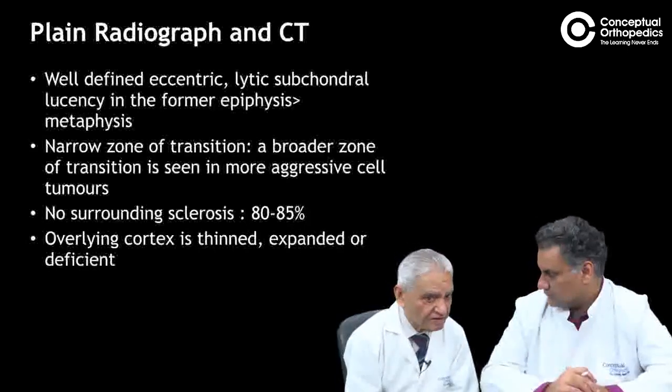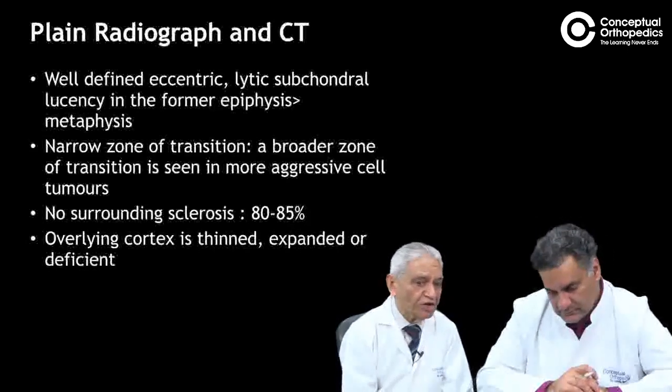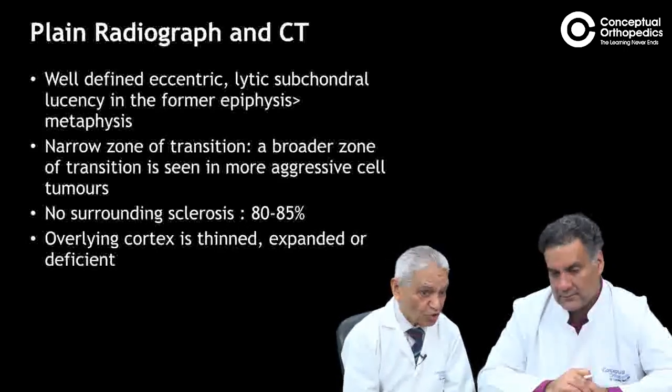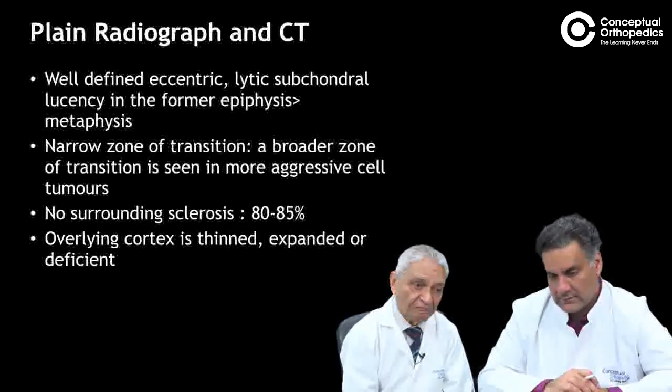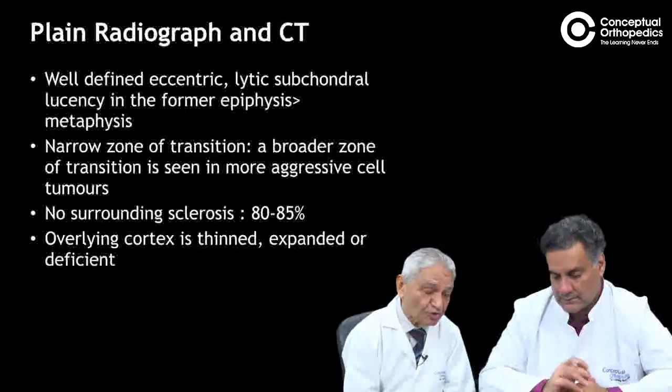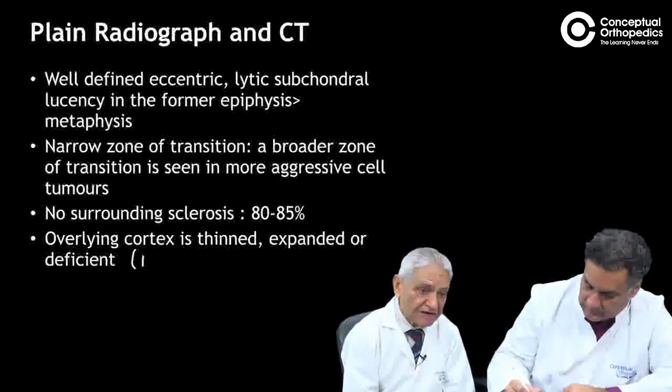Even if there is erosion, let's say the cortex is eroding at some places, the tumor is still contained within the periosteal tube. And that is the information which should help us in both ways.